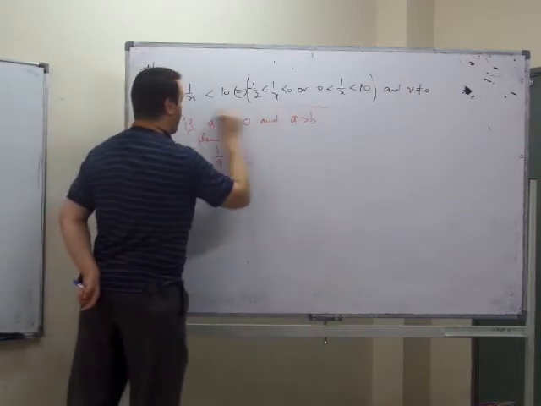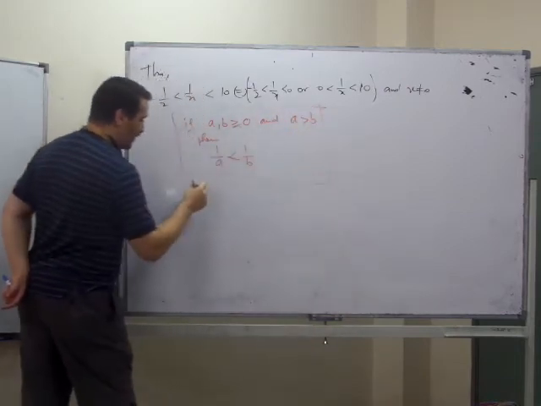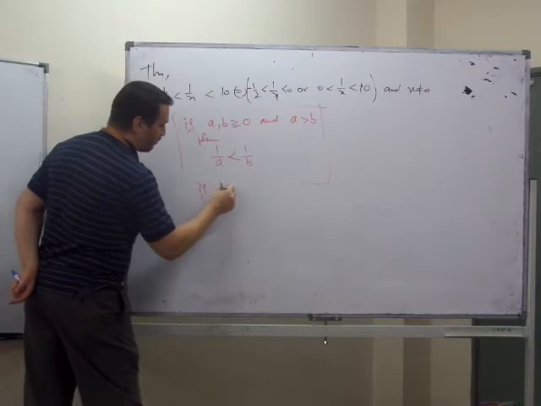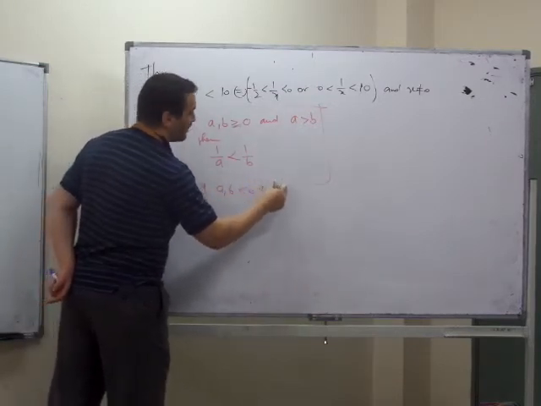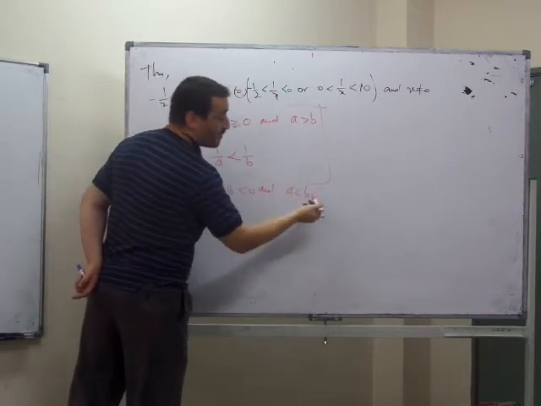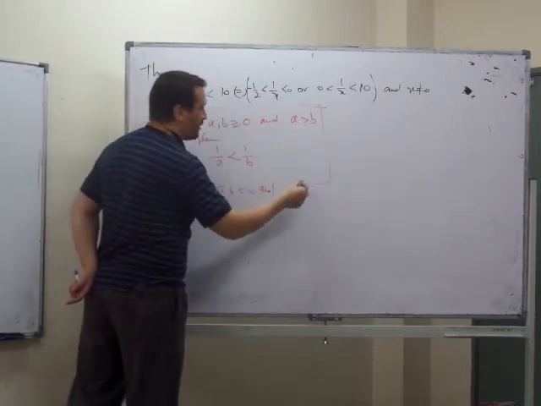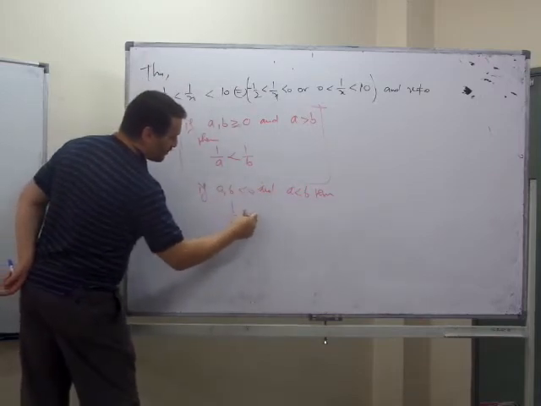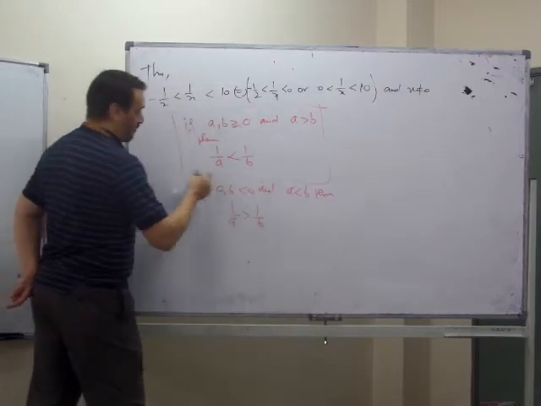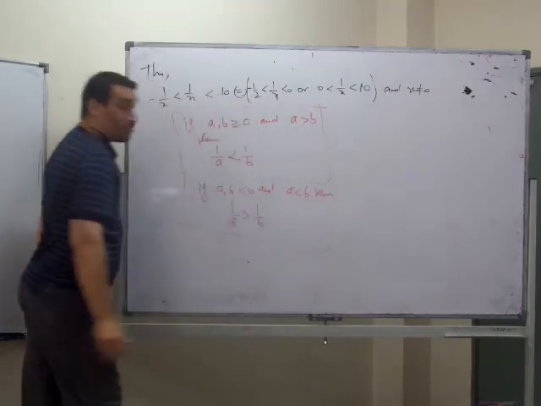This is one of the properties. The second one is this one. If both of them are negative, and let's say A is less than B, or A bigger than B, never mind, depends, okay? Then I have 1 over A is bigger than 1 over B. I have these 2 properties.